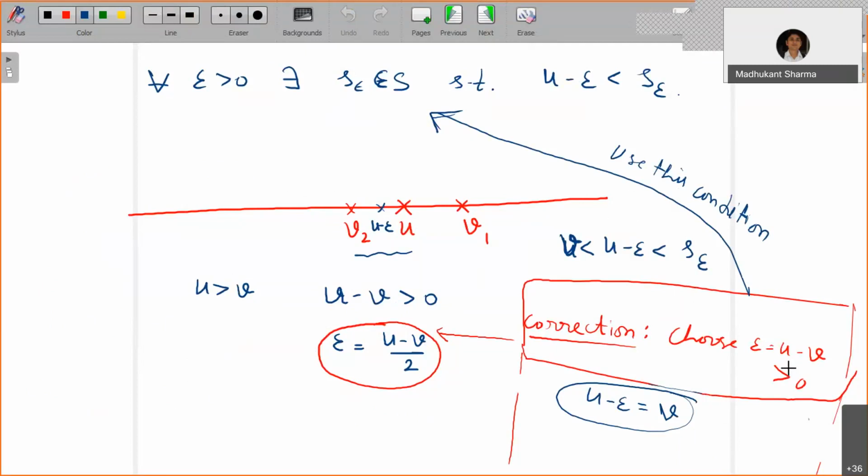So then u minus v is definitely strictly greater than 0, and then v is equal to u minus epsilon, and you know that for every epsilon bigger than 0, u minus epsilon is not an upper bound.